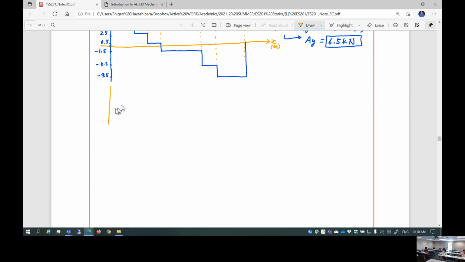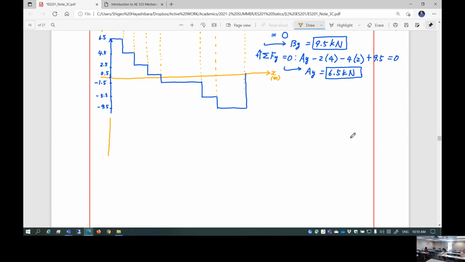So, moment diagram requires the information of the shear diagram, obviously. This is X. This is moment. Now, moment comes with the unit kilonewton meter.